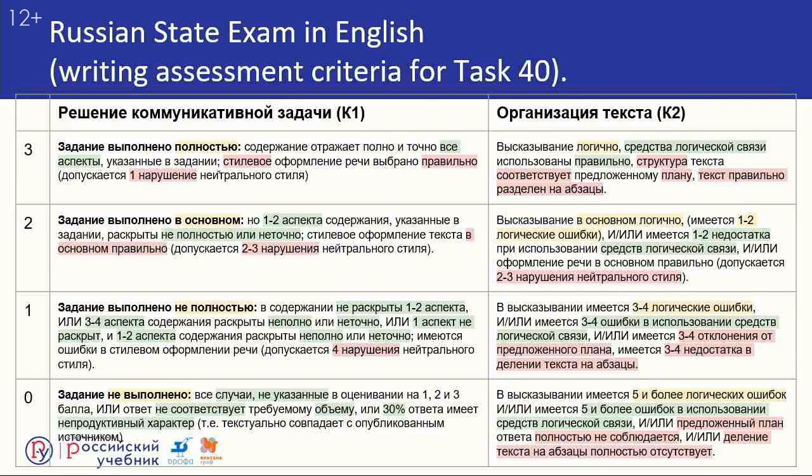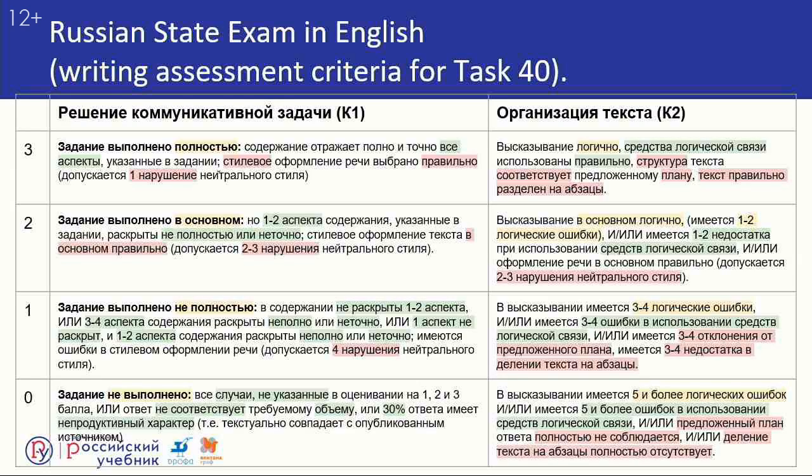Then, as for the style, стилевое оформление речи выполнено правильно. So we can mark the word style, стилевое, to let us know what this bit of this descriptor refers to. And the word правильно, right, correctly, appropriately, because this is basically the way it should be done to get 3 points at this level, right?